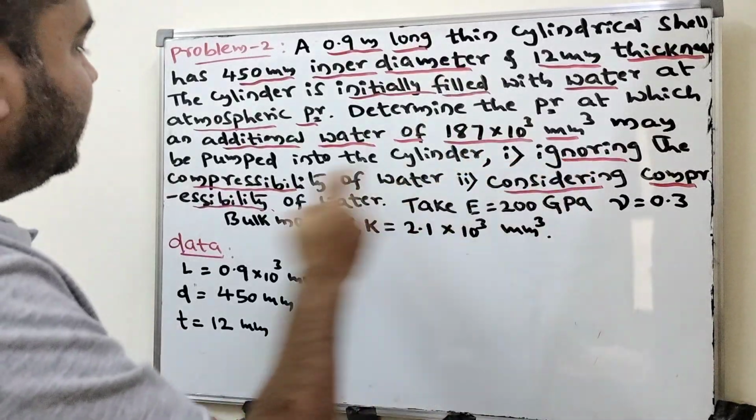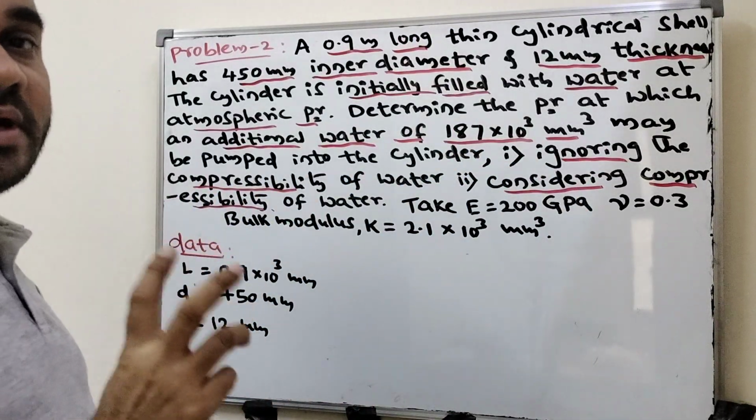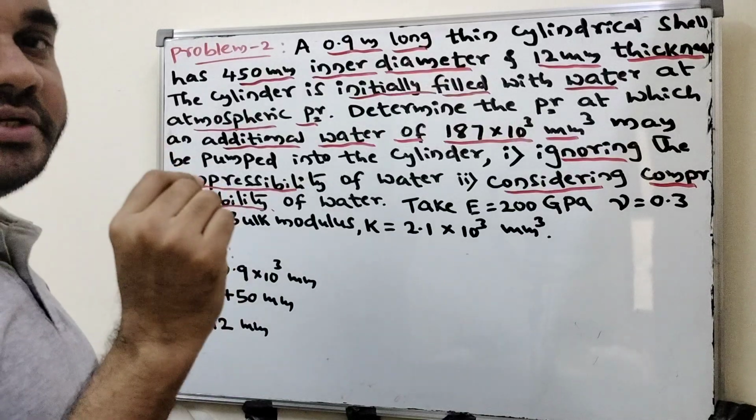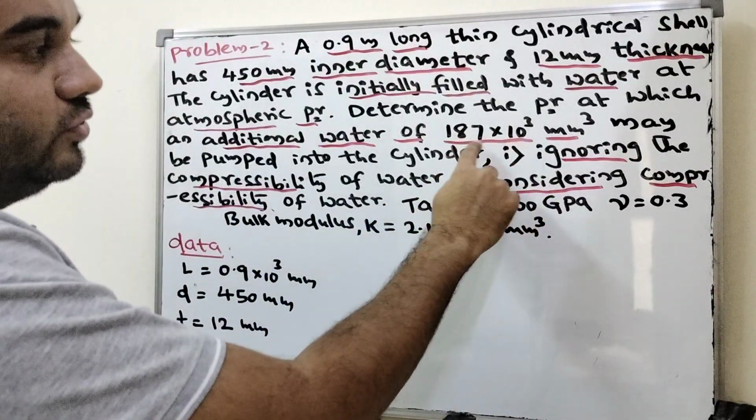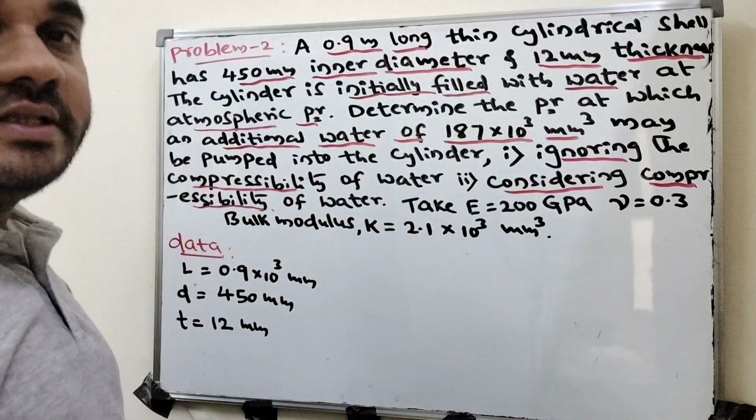Here compressibility is one of the factors. First, you have to find out the pressure when you are pumping the water at this much volume, ignoring the compressibility.